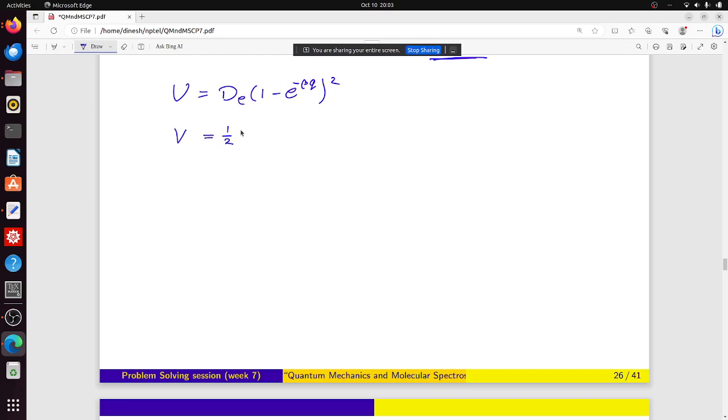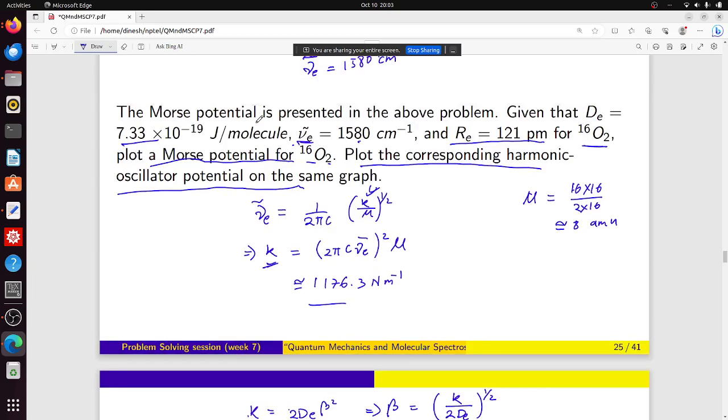This will be half k q square, right? Now every constant value is given already. What we have to do is plot these things.